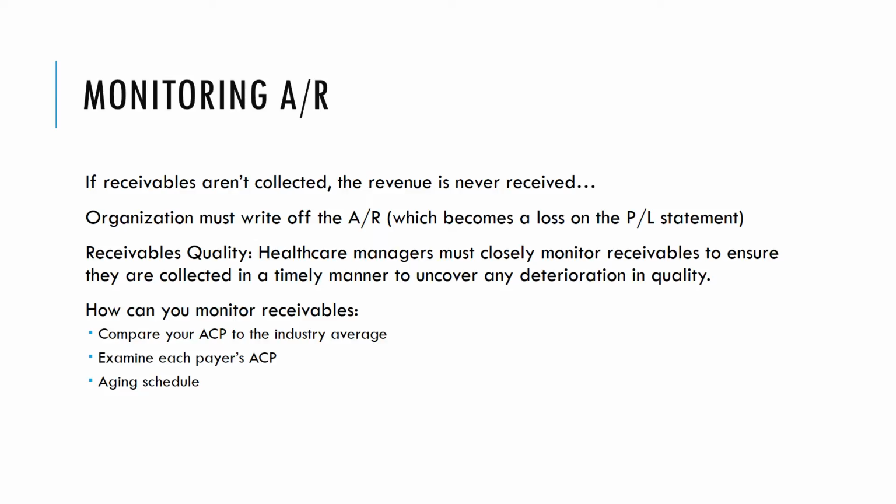And so one way that you can monitor receivables is to compare your ACP to the industry's ACP. So for example, if you take our previous example of 20 days, in the home health agency, the average ACP is 22 days, and home infusion's rate was 20 days. And so home infusion is doing better than the average organization in their field.